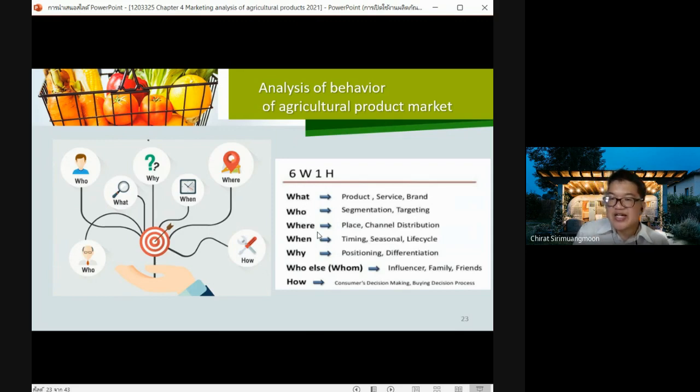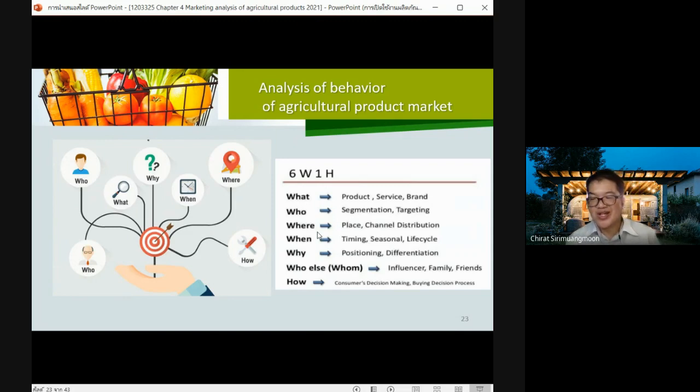Next one is about why, always the reason. So analysis of behavior can let you know what is your position and how you're going to make some difference to the other competitors. Then who else or whom. So not just only what, who, where, when, why.